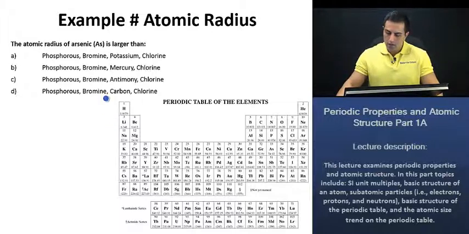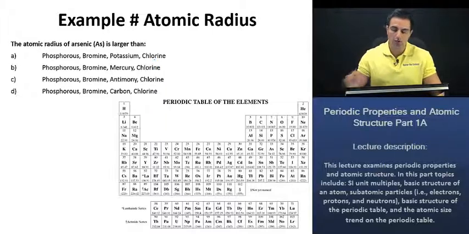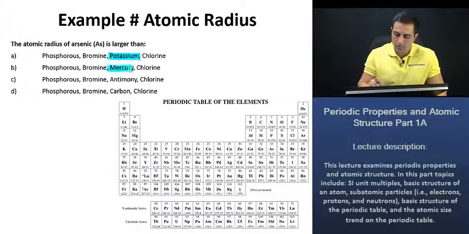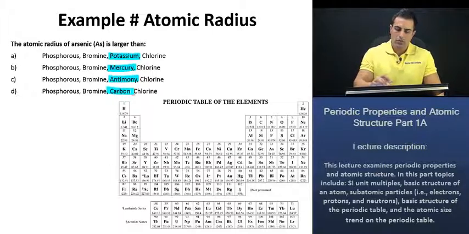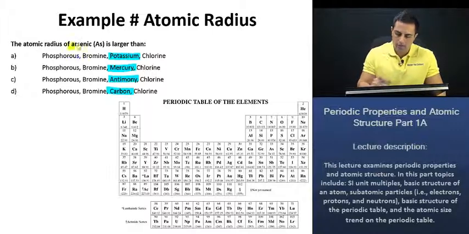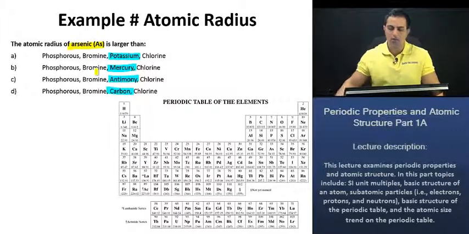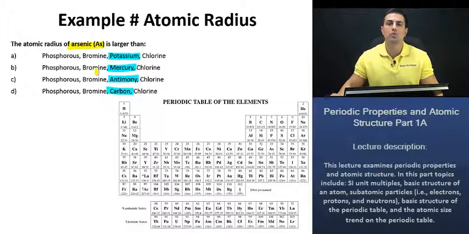Now, coming back to our question for a moment, we see a recurring trend: phosphorus, bromine, and chlorine are given in all answers, and the only elements that are different are potassium, mercury, antimony, and carbon. Thus, we can highlight these elements plus arsenic on the periodic table, and then see where they're situated with regards to the trends that we pointed out in the preceding slide.